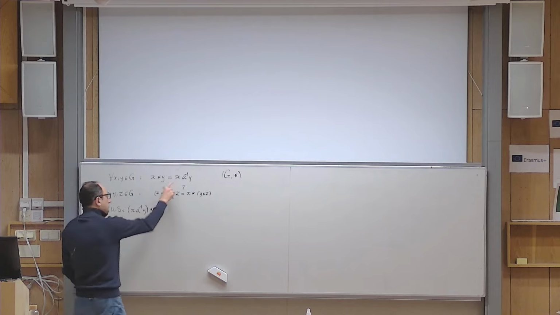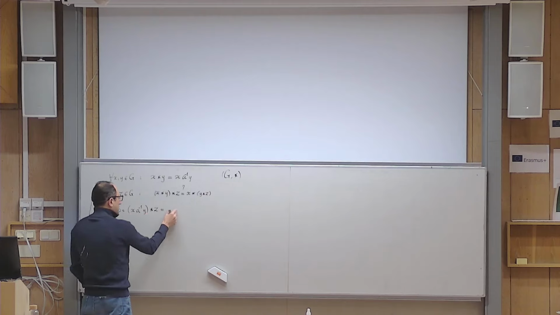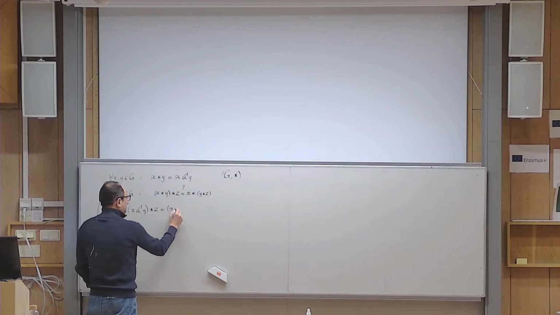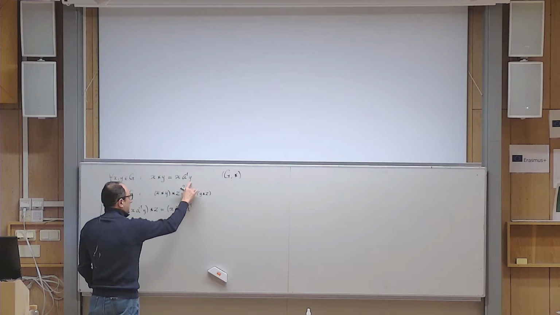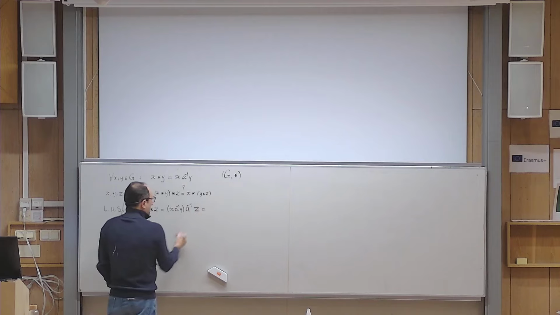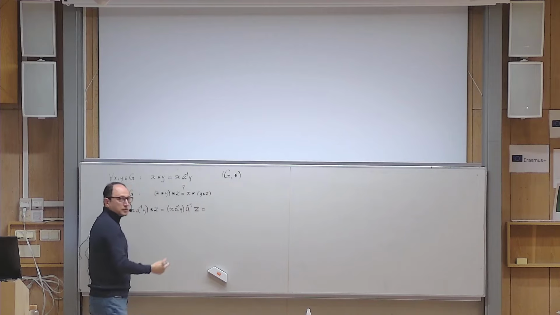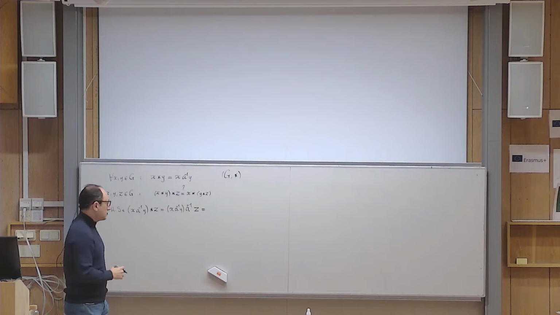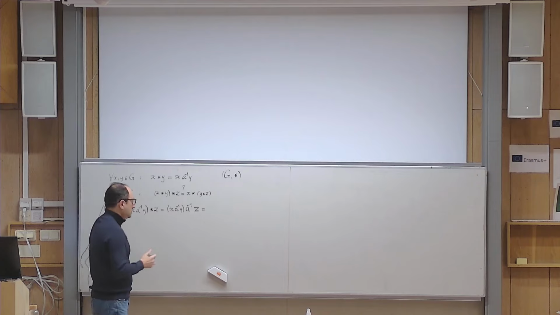So what I will do, I will take this, my first element, and put it here, and then I have my A inverse, and then I have my second element, which in this case is z. Now, this operation is the operation of the original group structure, and we know that it is associative, so I really don't need any pairs of brackets.